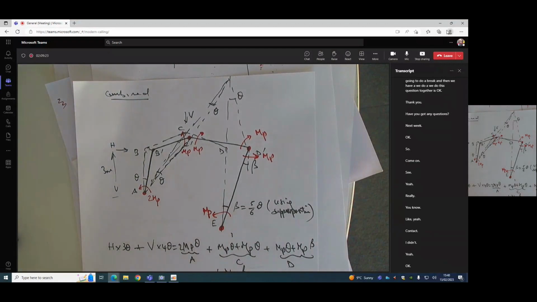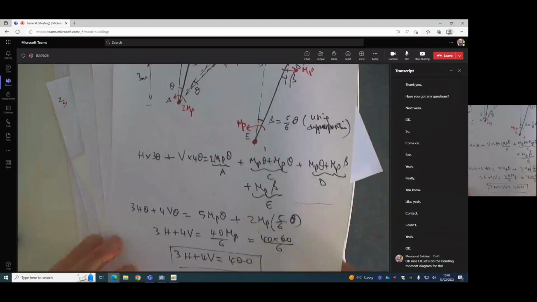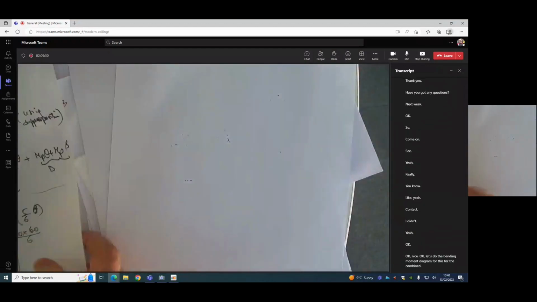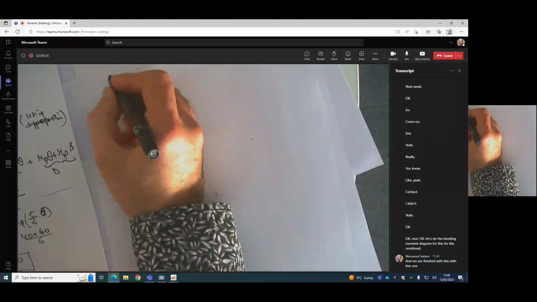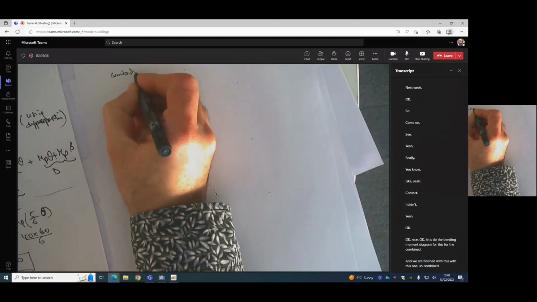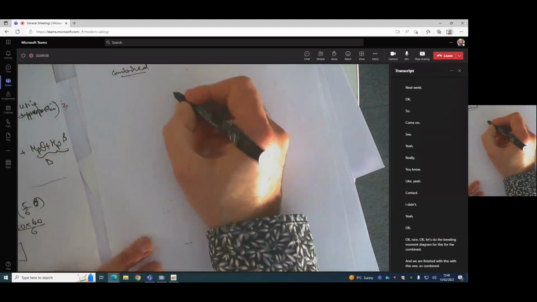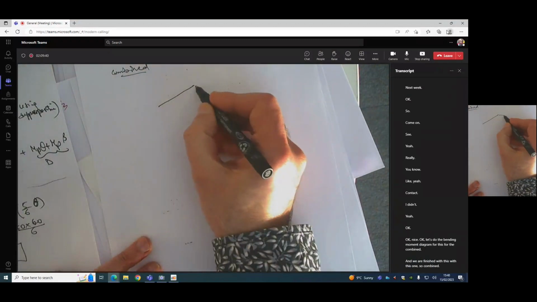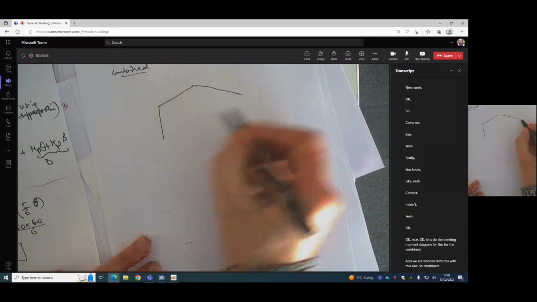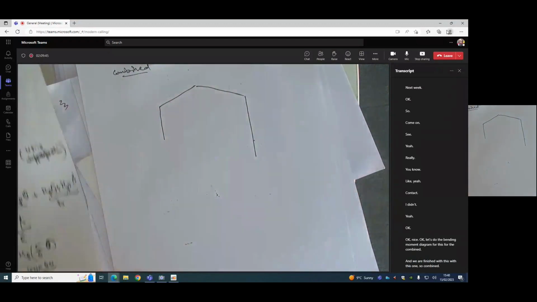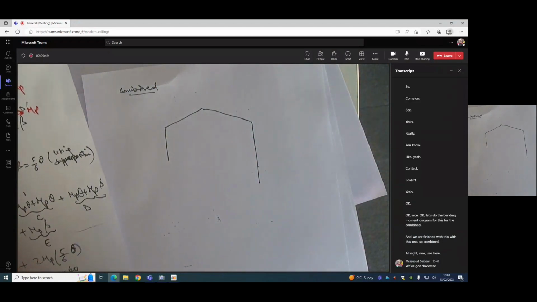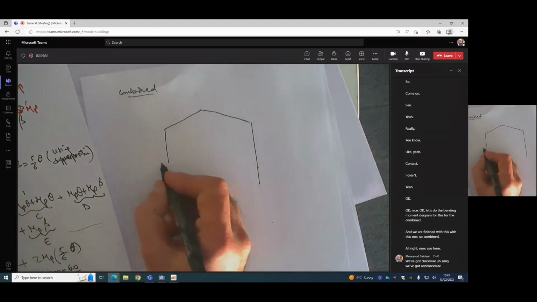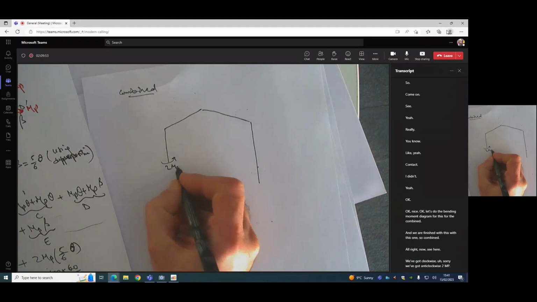Okay, let's do the bending moment diagram for the combined mechanism, and we are finished with this one. All right. Now see here, we've got anti-clockwise 2 MP, anti-clockwise 2 MP.